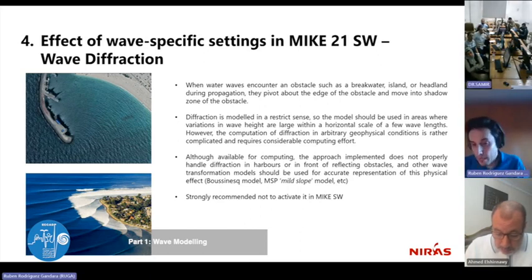There are other programs that compute correctly what is happening at the lee side of protected areas, for example, harbors, or at the leeward side of an island. Let's say that you have an island here and all the waves are coming from the north.